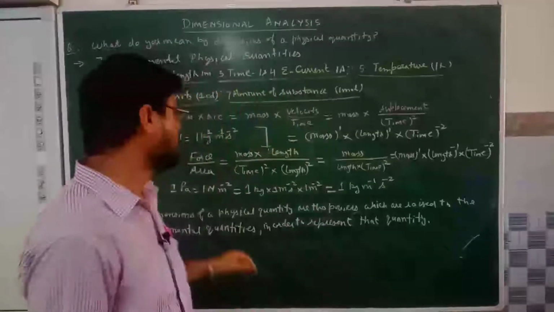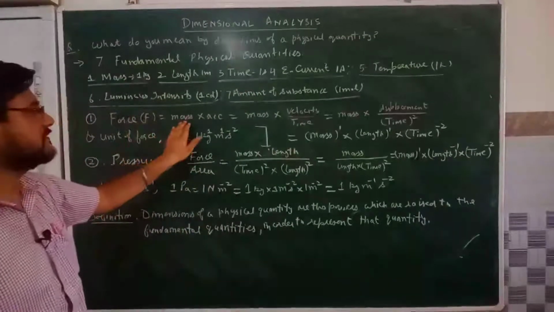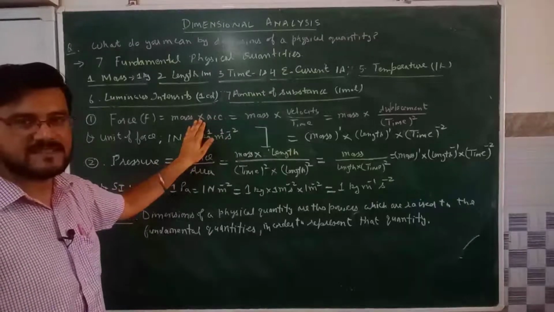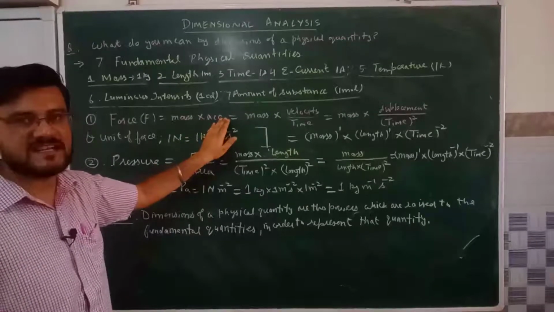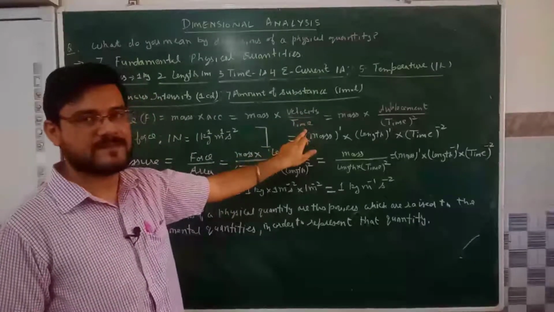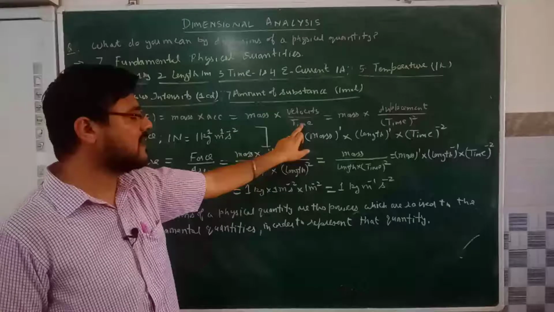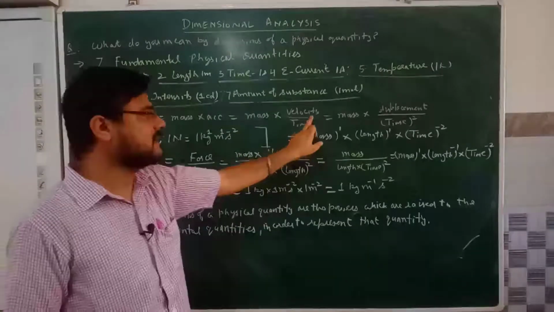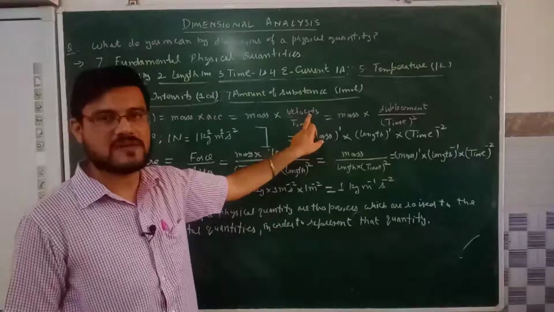For example, we know that force is the product of mass and acceleration. Mass here is a fundamental physical quantity, but acceleration is a derived physical quantity which is equal to velocity over time. So, mass and time are there, which are fundamental physical quantities, but velocity is still a derived physical quantity.